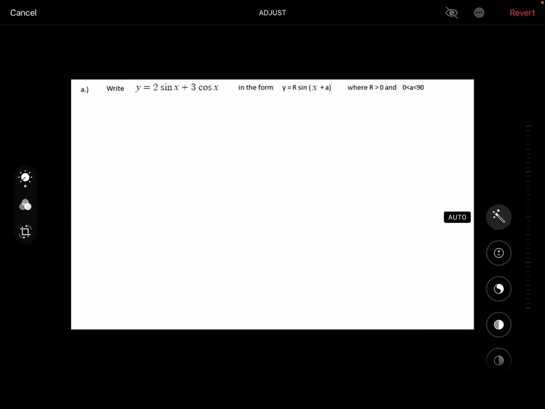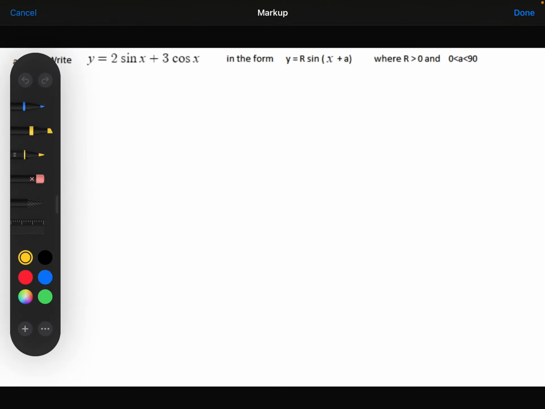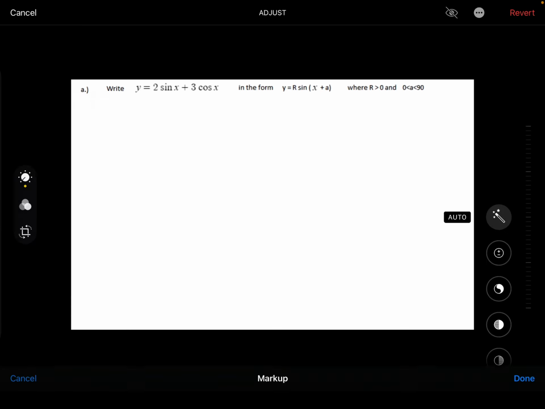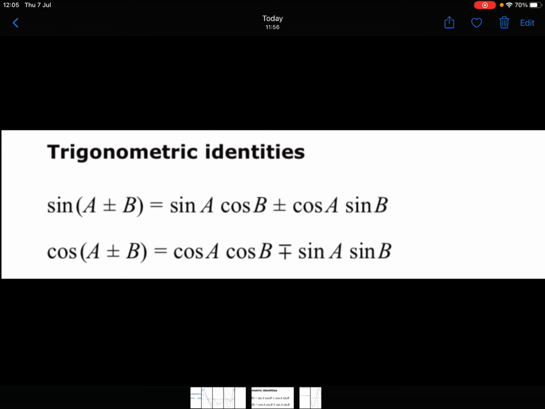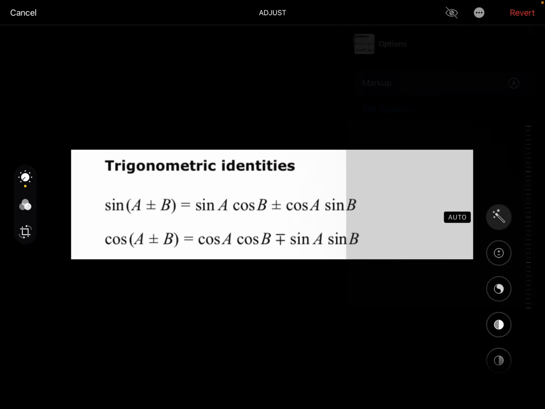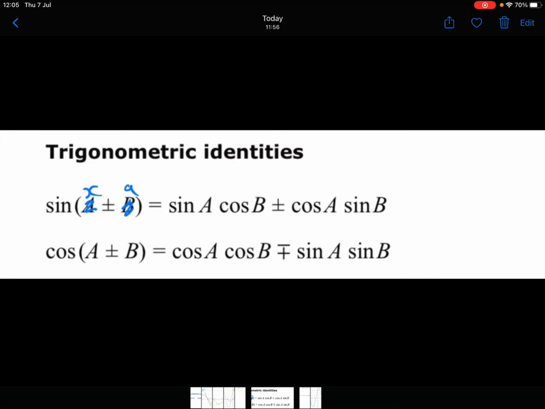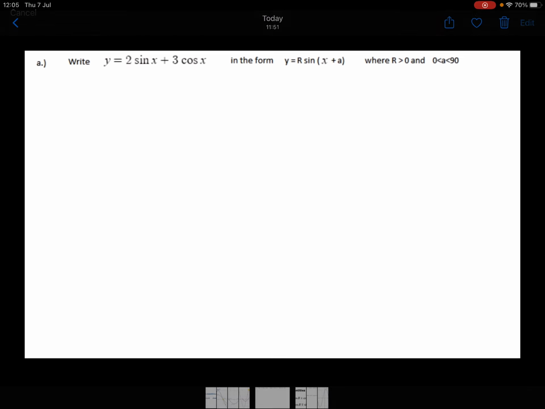Well, to do this, let's think back to what we know about sine (x plus a). In the previous video, we saw these formulae. So notice here I have got sine (x plus a), so I'm going to use this formula with the a being the x and the b being the a. So let me write that out.